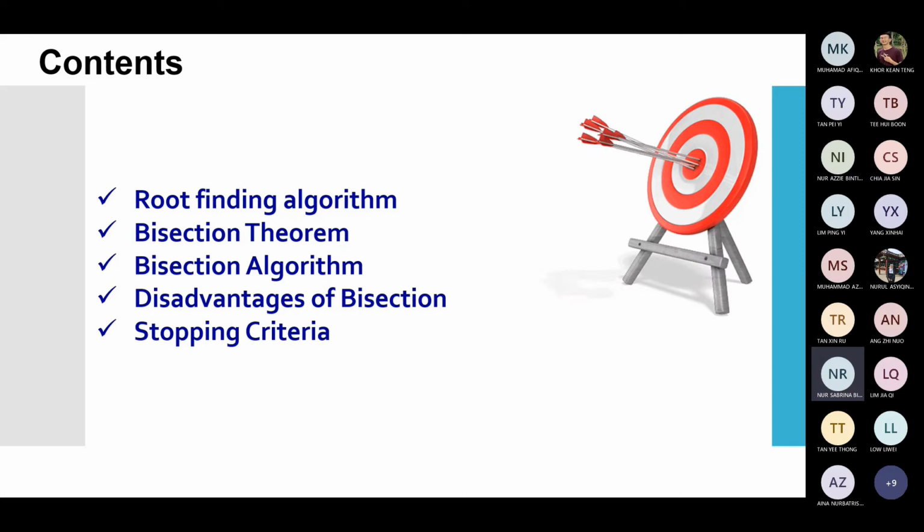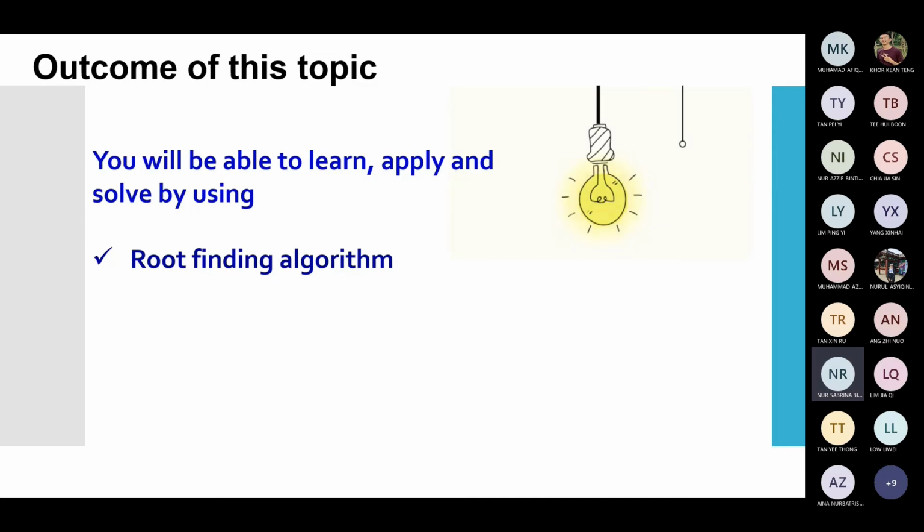Then we discuss the stopping criteria we have to fulfill in order to get the final solution of the bisection method. And then we do some applications of the bisection method on nonlinear problems to determine their roots. After you have studied, you will be able to apply and solve root finding using the root finding algorithm, and you will also know how to use the bisection algorithm.